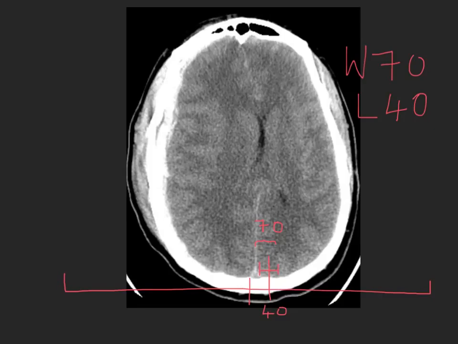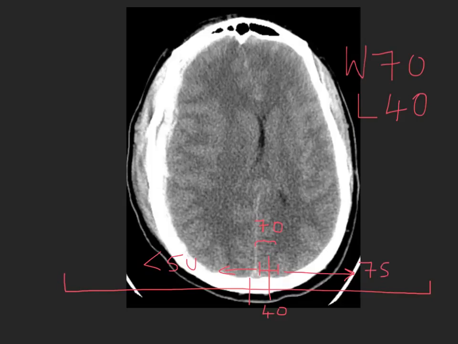That means that anything that is 5 Hounsfield units or less will look black, and anything that is 75 Hounsfield units, so half of 70 is 35, centered at 40, so it makes it 75 Hounsfield units, is going to look white.